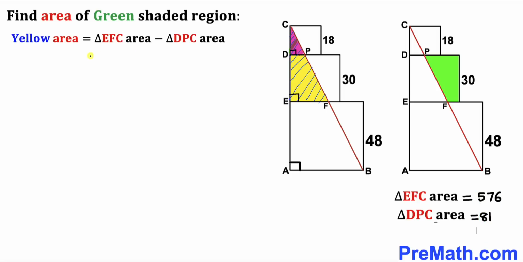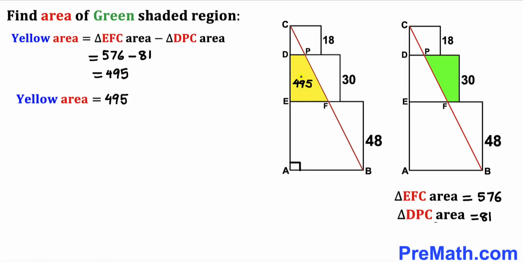So let's fill in the blanks. The area of this yellow region is going to be 576 minus 81, which is equal to 495. So thus the area of this yellow region turns out to be 495.